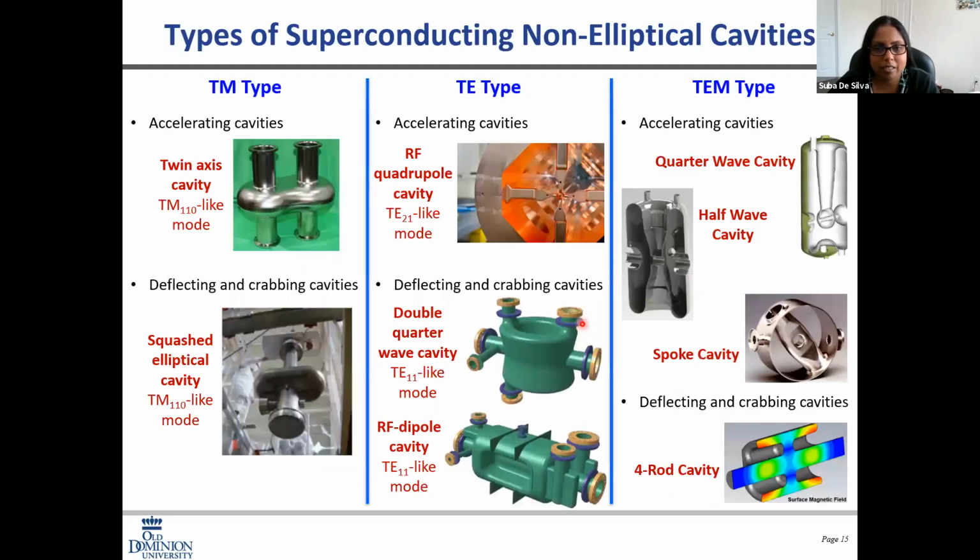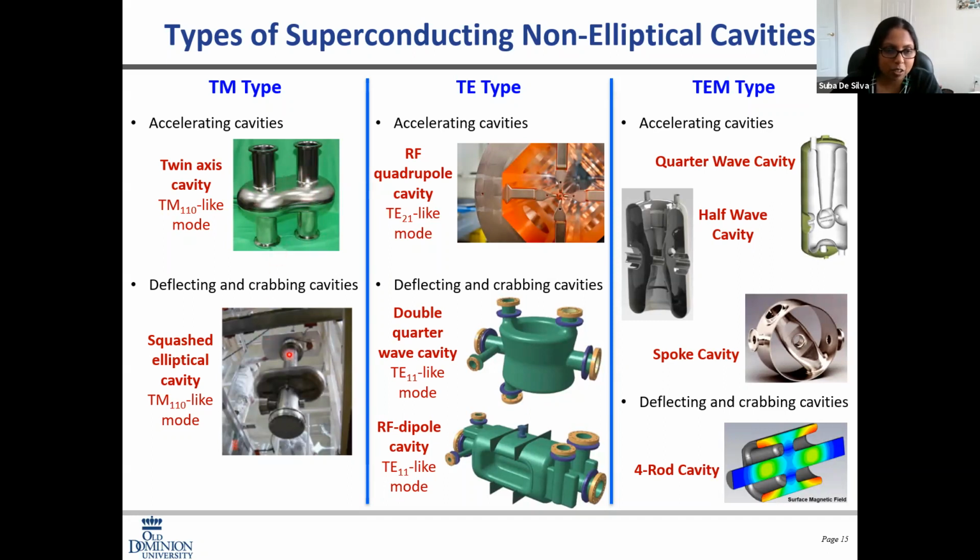So let's quickly look at some of those cavity shapes and categorize them with the field profile. So we talked about TM type cavity, where there's a longitudinal electric field on axis. So this is the twin axis cavity, but it operates in a TM110 mode. And you have 2 beam pipes, where you have the two electric fields separated with this gap, and then you use it for accelerating multiple beams at the same time.